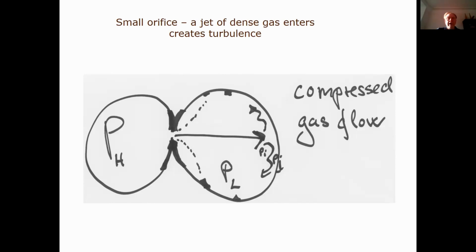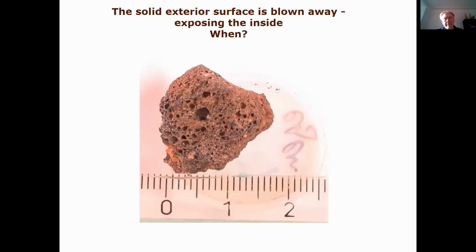So there will be a local pressure difference, and these local pressure differences can actually pull out the surface. So it's not a laminar flowing gas, it's highly turbulent, focused but turbulent as it encounters the surface. And that explains this type of gas pressure release structures as it is found.